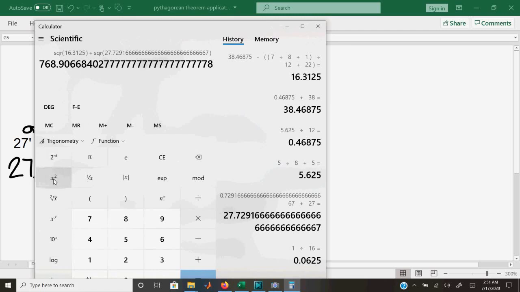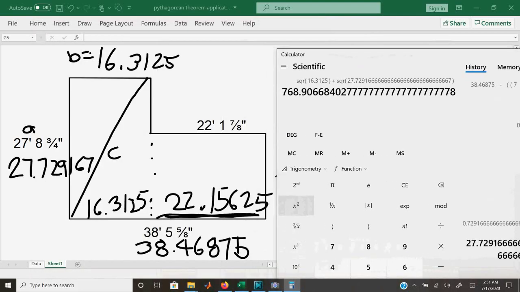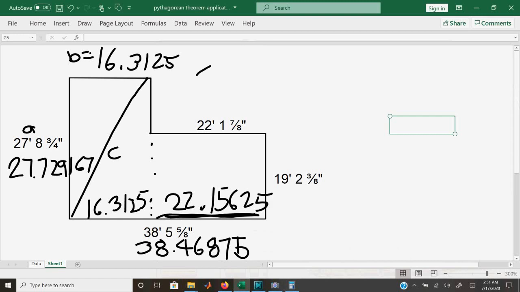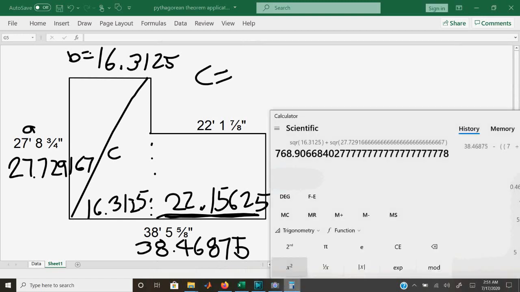So I have 768.906684027777. And actually for this, so my C, and I'm going to write it up here, C equals 768.9066.